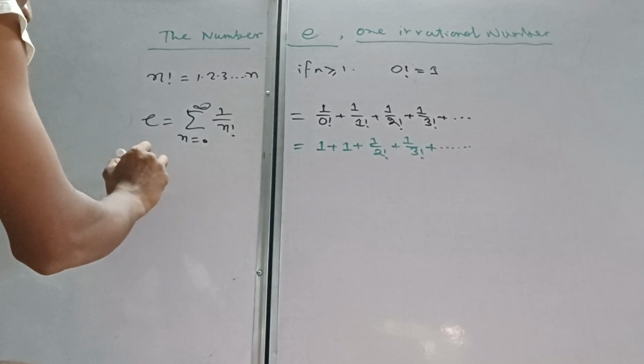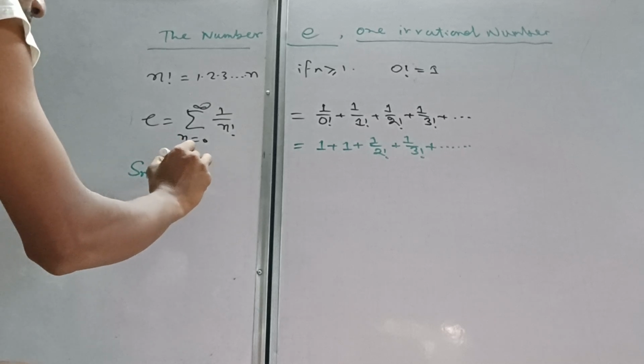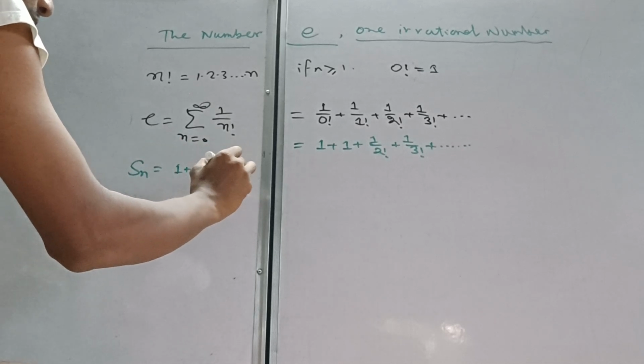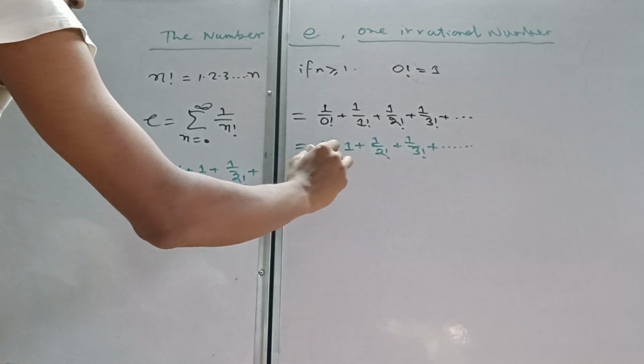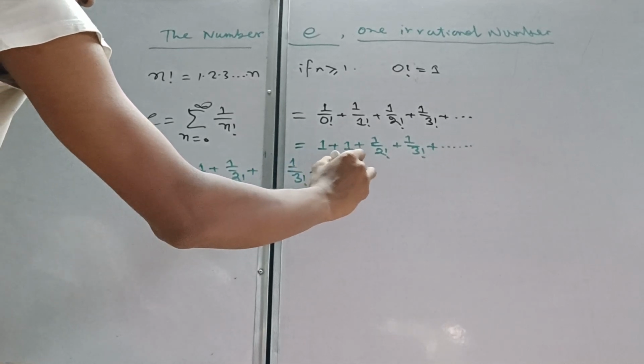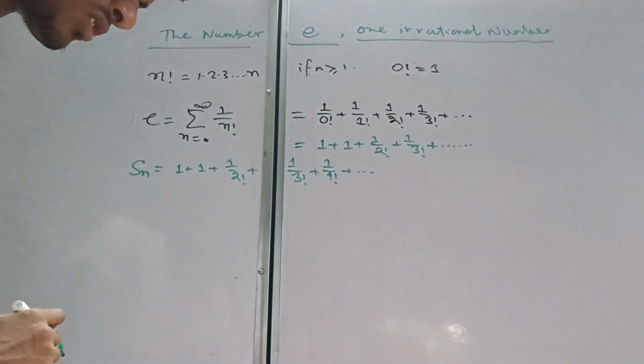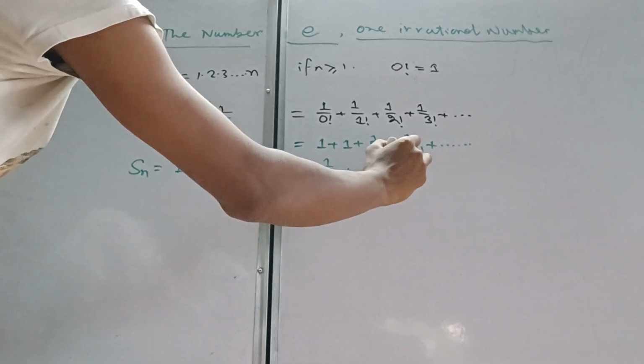Now Sn equals 1 plus 1 plus 1 by factorial 2 plus 1 by factorial 3 plus 1 by factorial 4 up to 1 by factorial n.